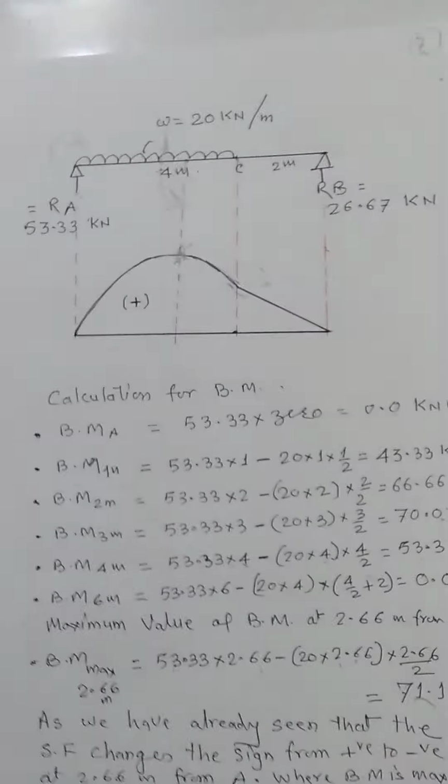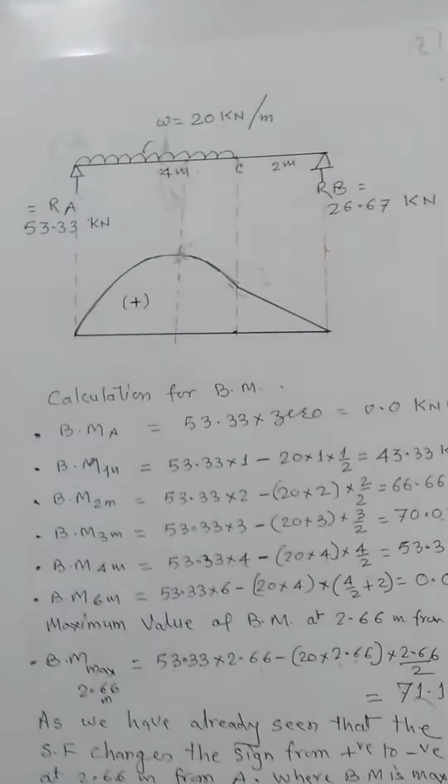Now we start with UDL. We have already seen in the first 2 pages how to calculate the moment at any distance, because the reactions have already been calculated. The 20 kN per meter for 4 meter and 2 meter is without any load. Suppose taking the moment at any distance x from here, it is RA into x minus W into x acting at x by 2.